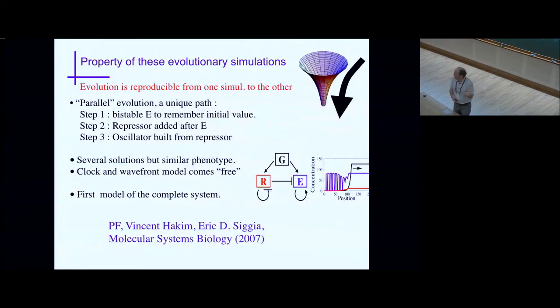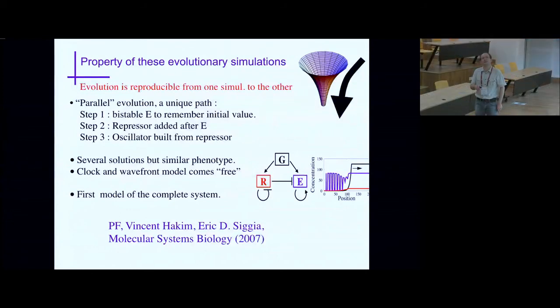We did not select for it, but we get it for free. And I'll give you another example in my second lecture on immunology. At the time, it was the first model of the complete system, because people were mostly focused on the clock, but they were not that interested in how the clock is read by the system. But 10 years ago, it was one of the first models.